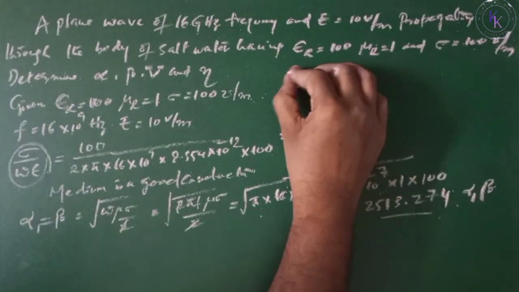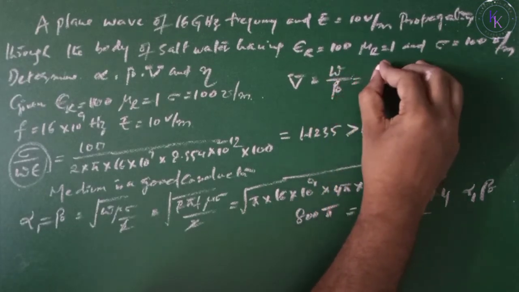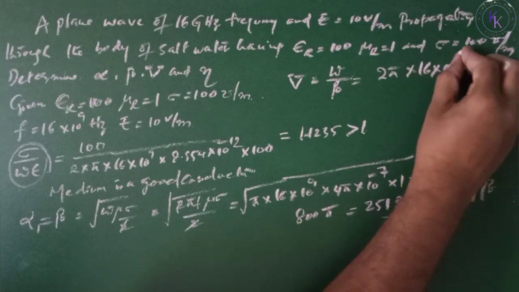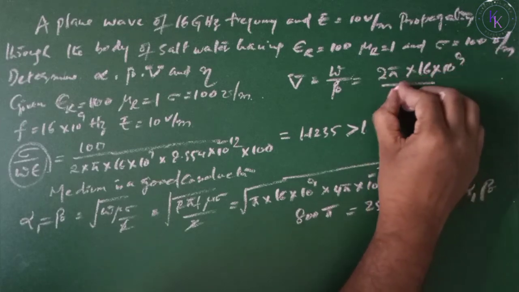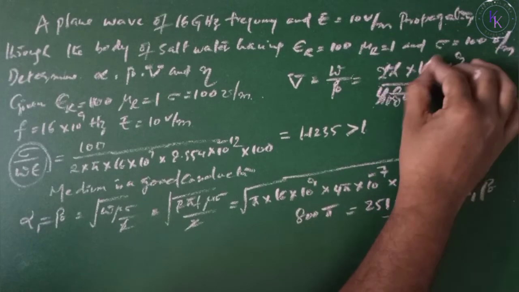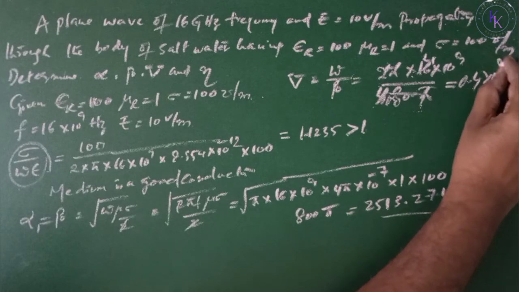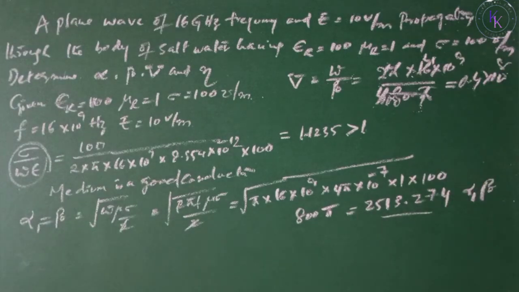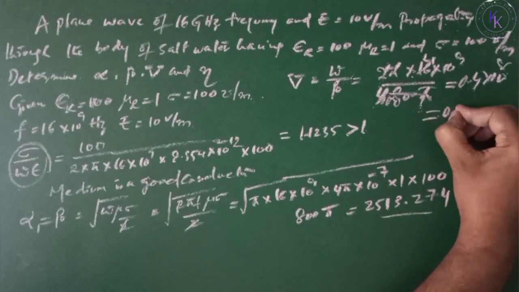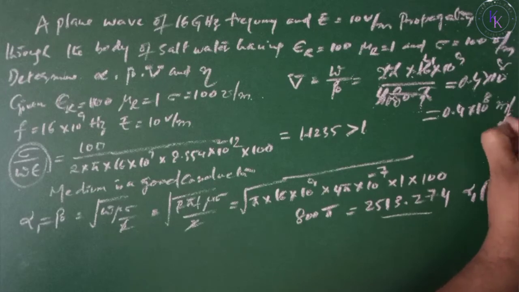Phase velocity v equals omega by beta, that equals 2 pi f, that is 16 into 10 to the power of 9, divided by beta, which is 800 pi. This is 0.4 into 10 to the power of 8 meter per second.